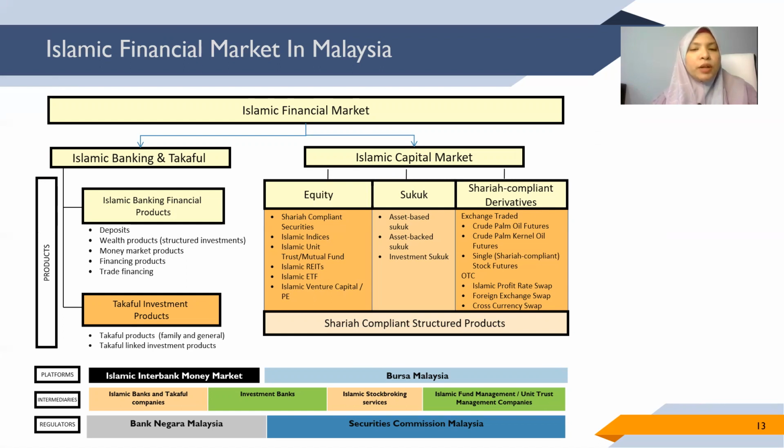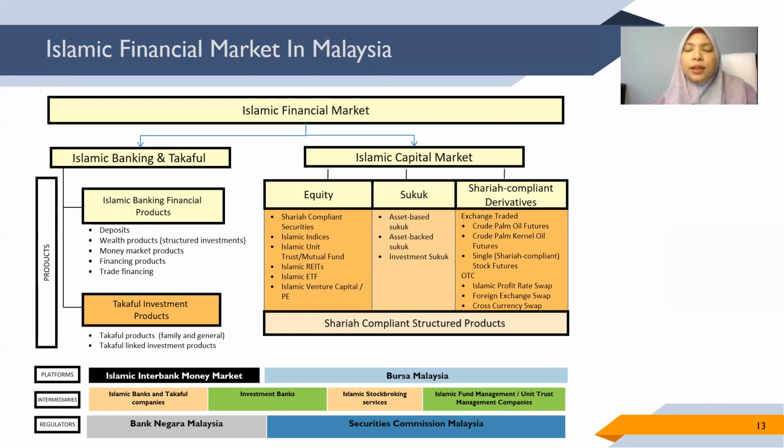So who are the intermediaries? I think all the intermediaries need each other. Islamic banks and takaful need the capital market. Investment banks are participants in the capital market. They issue securities and bonds.